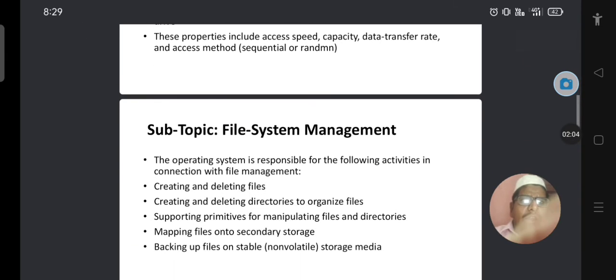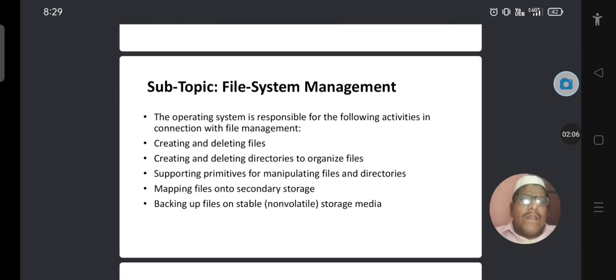Now, the continuation of the same topic of file system management. The operating system is responsible for the following activities in connection with file management: creating and deleting files. Deleting files means Word documents, Excel, PowerPoint, anything.